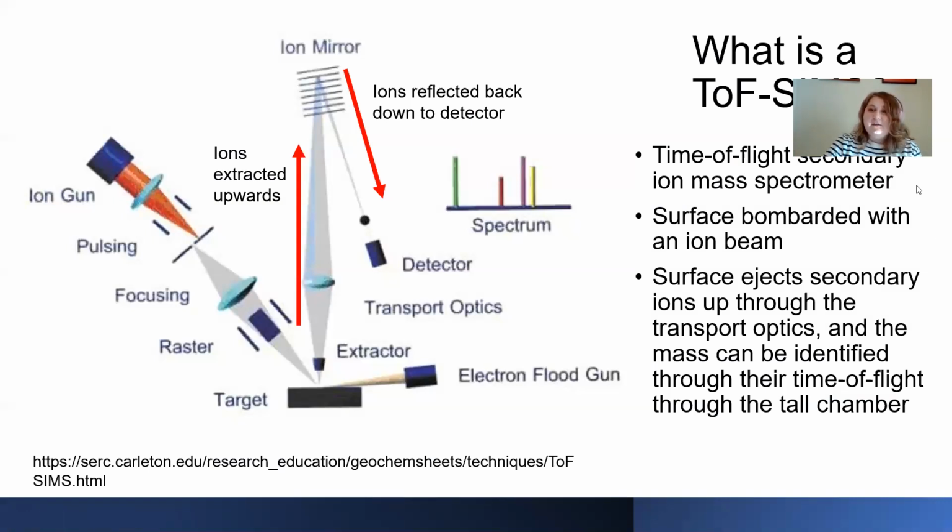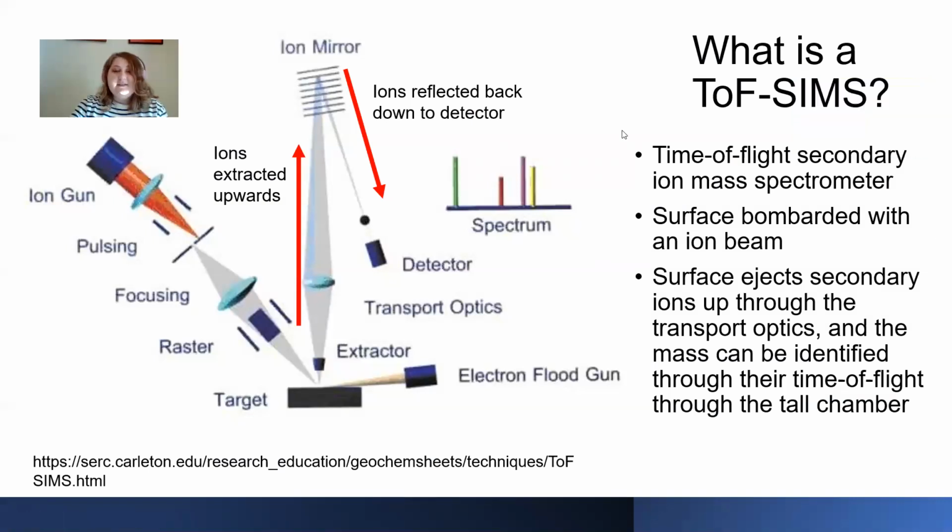So just to give a very brief overview, ToF SIMS stands for Time of Flight Secondary Ion Mass Spectrometer. It's a surface-sensitive technique where you bombard the surface with an ion beam. Those ions hit the species on the surface, and they eject secondary ions from the surface up through these transport optics.